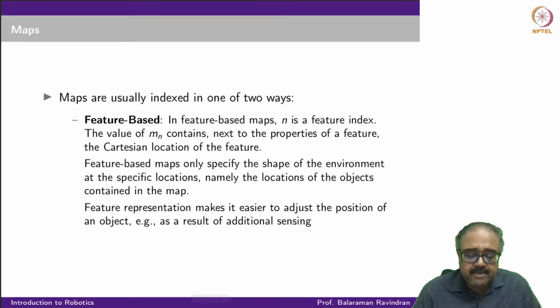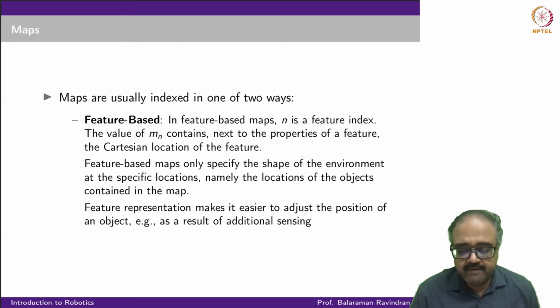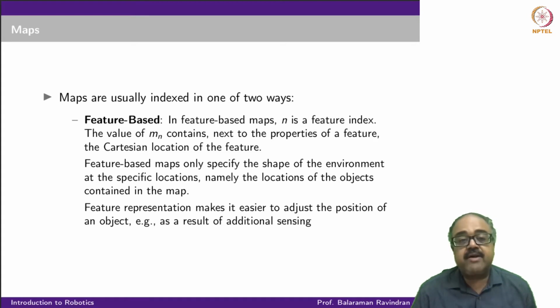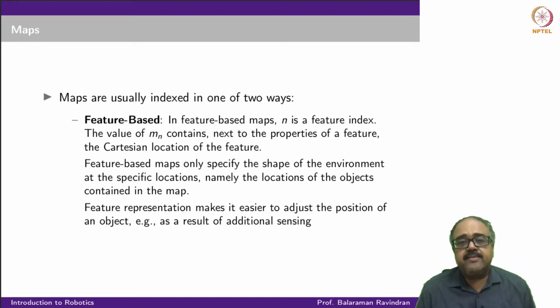And so the mapping is done in two ways. This list of objects that we talked about could be a feature-based map. In a feature-based map, N is some kind of a feature index. Features could be the different objects in the environment, positions of walls and partitions and so forth. The value of Mn, remember M is a list and Mn is the nth object, contains, other than the properties of the feature, also the Cartesian location of the feature in the workspace.